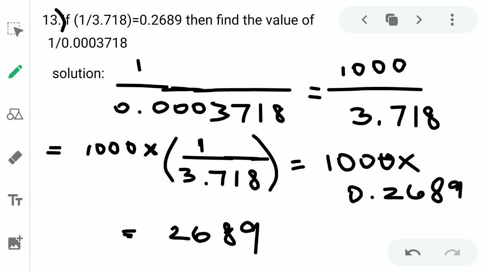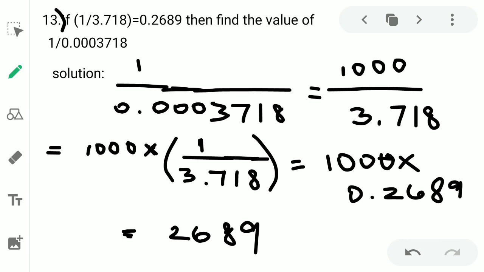Next, 13th one. If 1 divided by 3.718 equals 0.2689, then find the value of 1 divided by 0.003718.